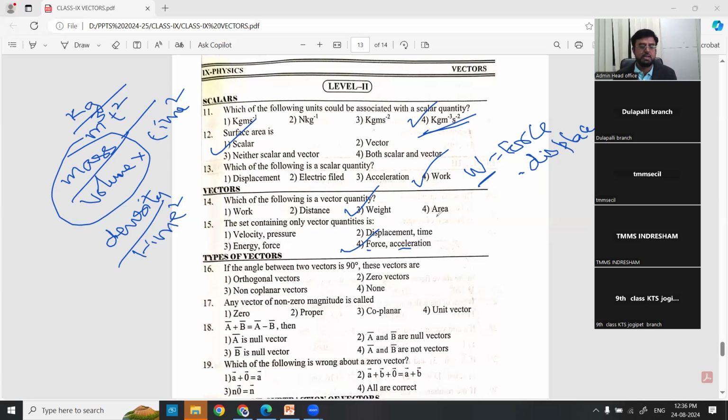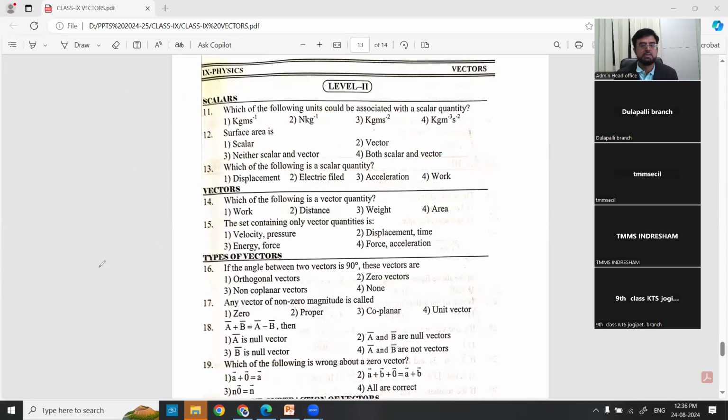Okay. So note all these 5 questions before going for the types. So the first one is this, the second one is scalar, the third one is work, the fourth one is weight, and the fifth one is this. So write down these 5 also. So like that, there are different levels.